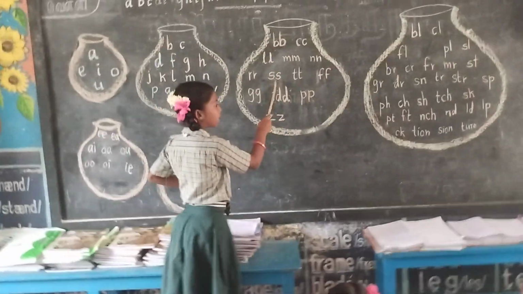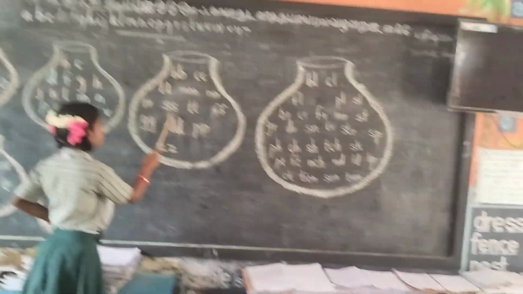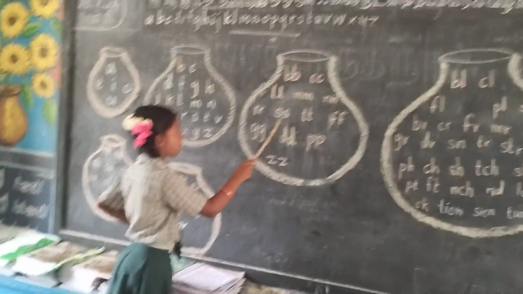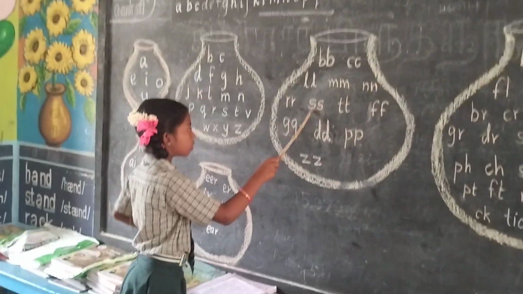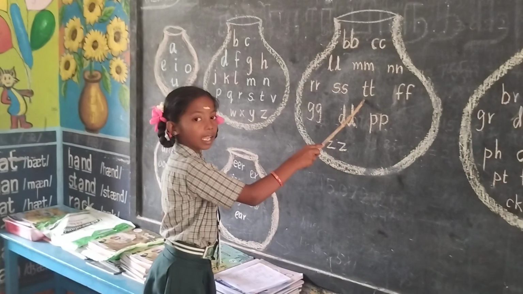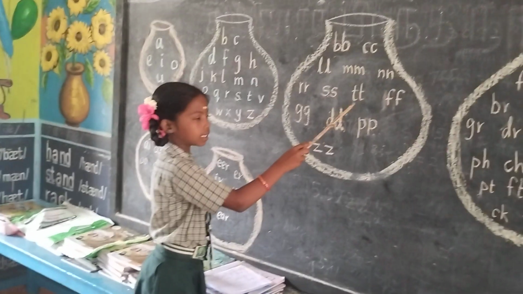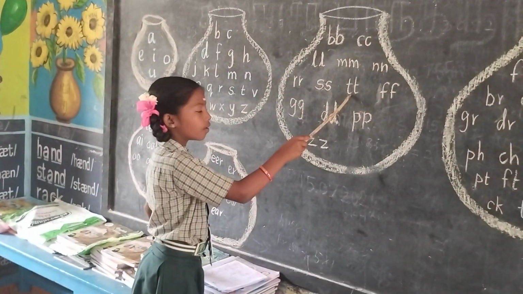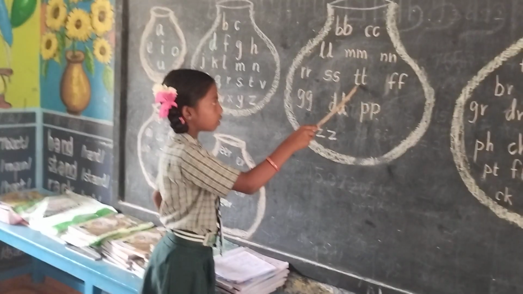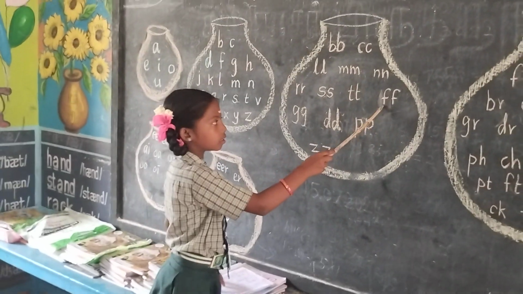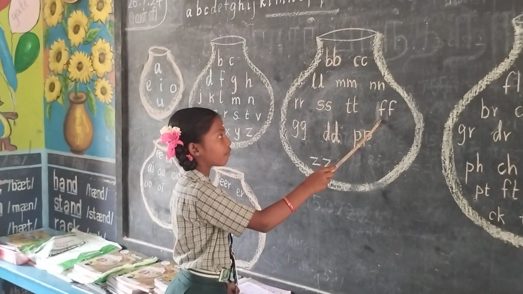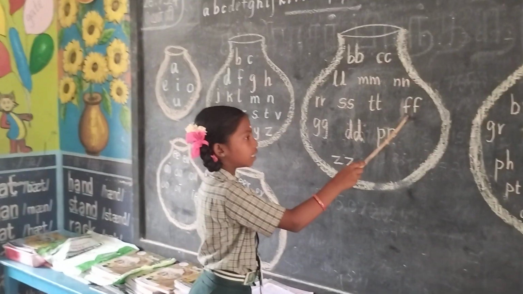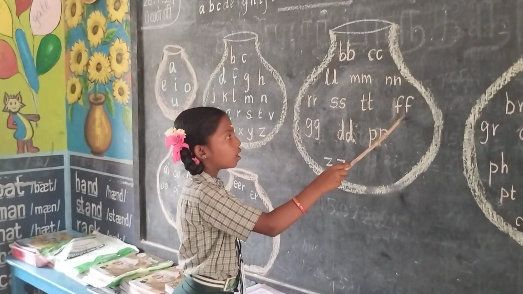The letter double S as a single sound, for example, dress. The letter double T as a single sound, for example, letter. Double F as a single sound, for example, office.